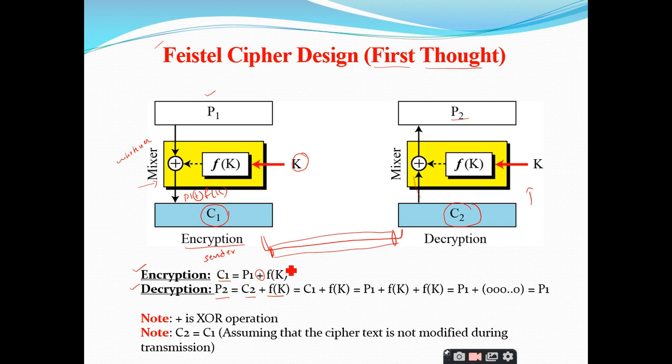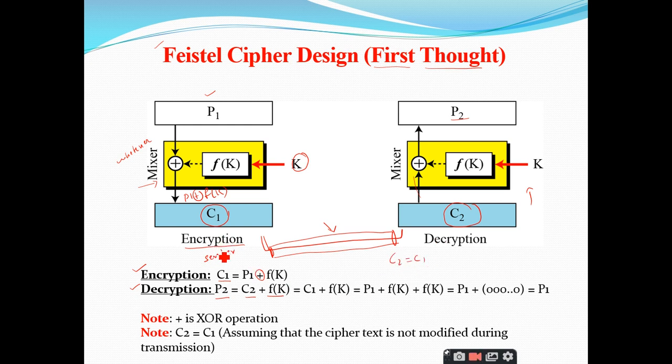Assume that during the transmission of the ciphertext from sender to receiver, there is no change in the ciphertext. Nobody has attacked, nobody has made any modifications. So can I say that C2 is equal to C1?